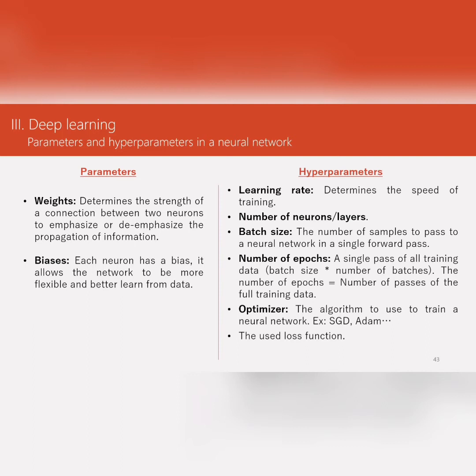So the number of epochs is the number of passes of the full training data. We also have the optimizer, that is the algorithm used to train the neural network. And finally, the loss function that we have already discussed. So these are examples of hyperparameters that could be tuned to build a more powerful neural network.